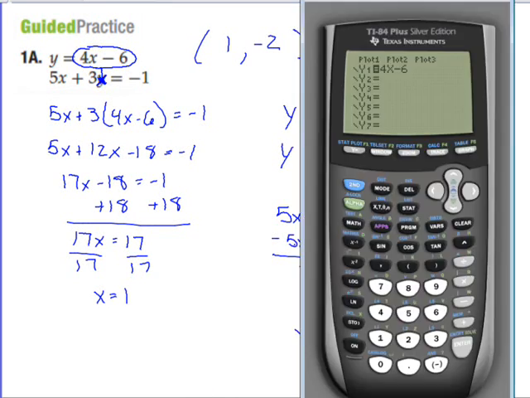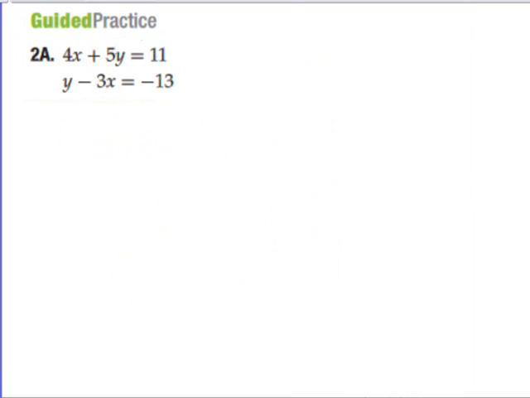So that's what I'm going to type in the calculator. Go to my graph. It's going to draw both of them. Then I'm going to ask it to find the intersection. And it tells me that it is 1, negative 2, which is what I got when I did it by substitution, so I know I'm right.